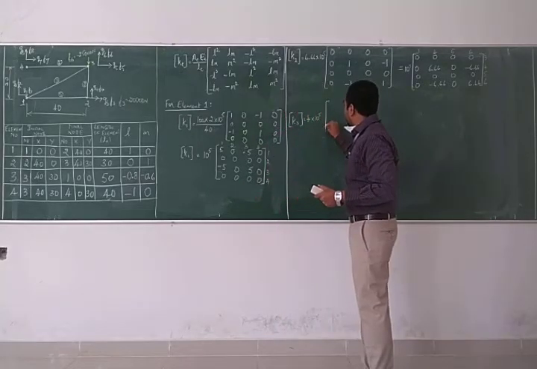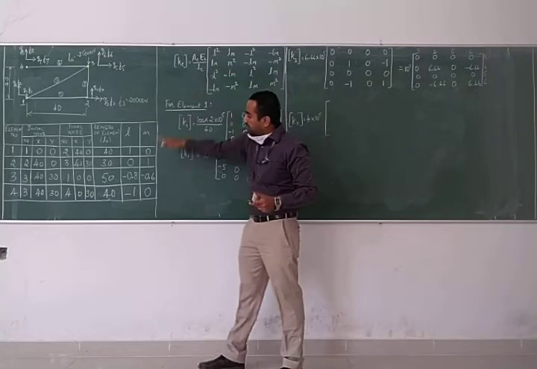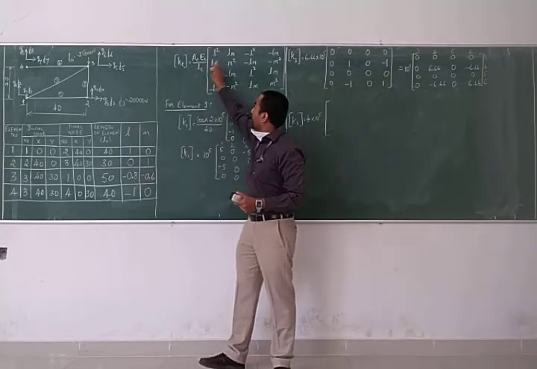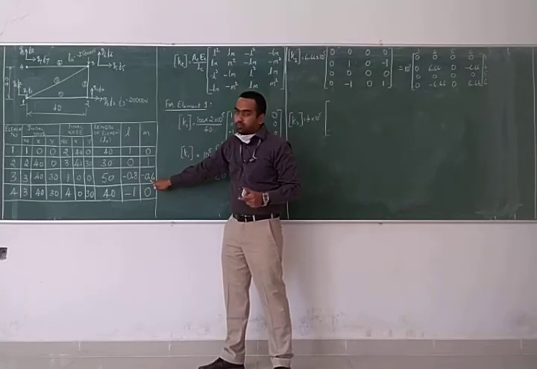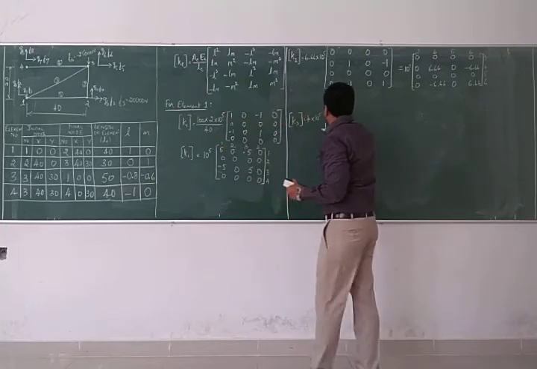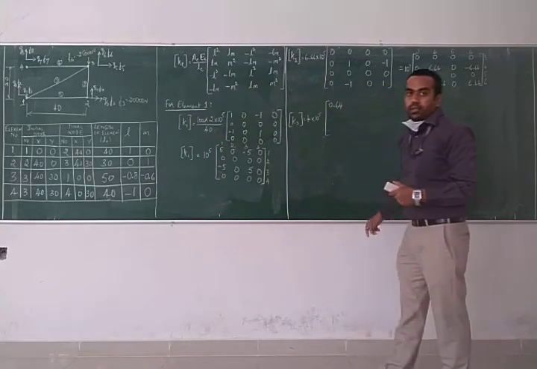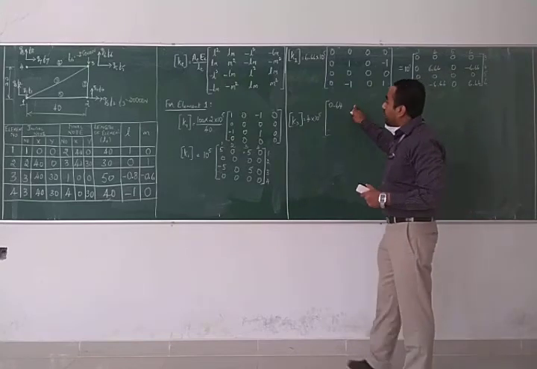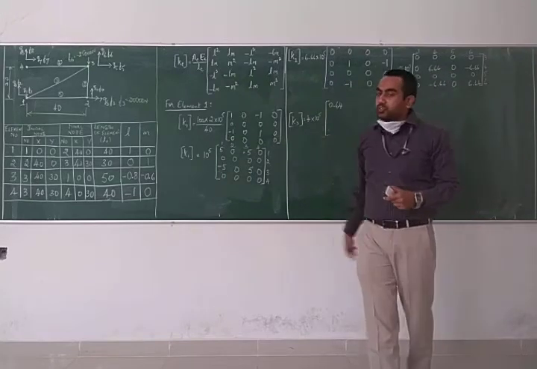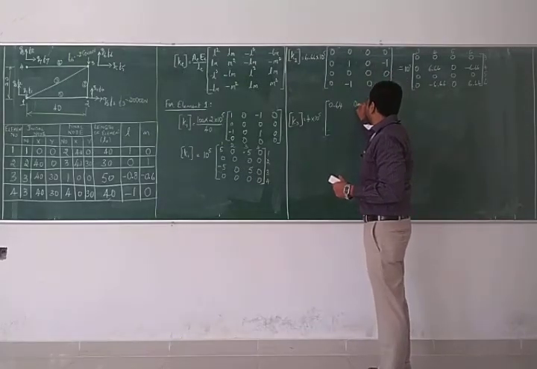formulate the matrix. So what is l value for element 3, minus 0.8, m value for element 3 is minus 0.6. So l square is 0.8 squared, which is equal to 0.64. For lm value it is minus 0.8 into minus 0.6, which is 0.48.